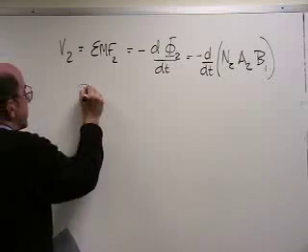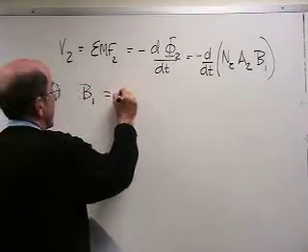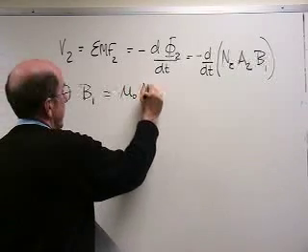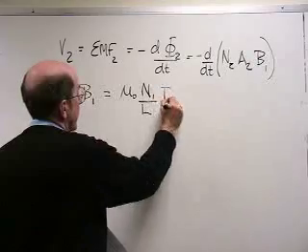The B field produced by the first coil, if we assume that it's a solenoid, is just equal to mu 0 times the number of turns on the first coil divided by the length times the current I1.